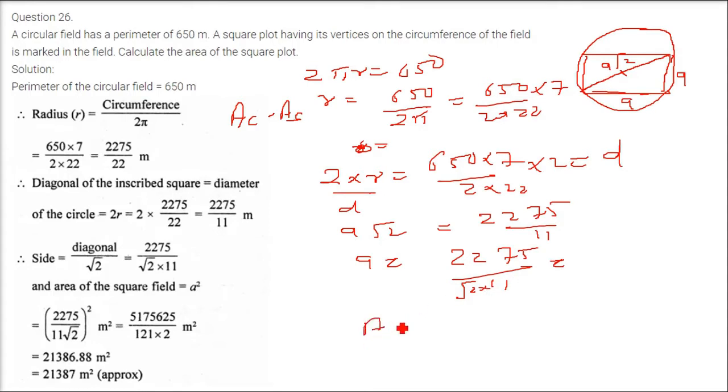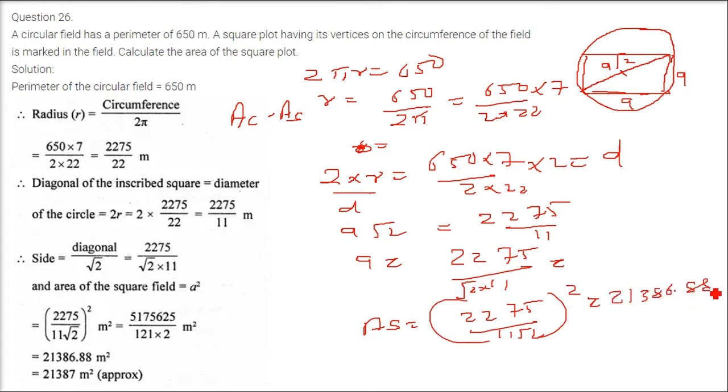Now what is the area of the square? It is this square: (2275 by 11 root 2) whole square, and this comes to be 21386.88.